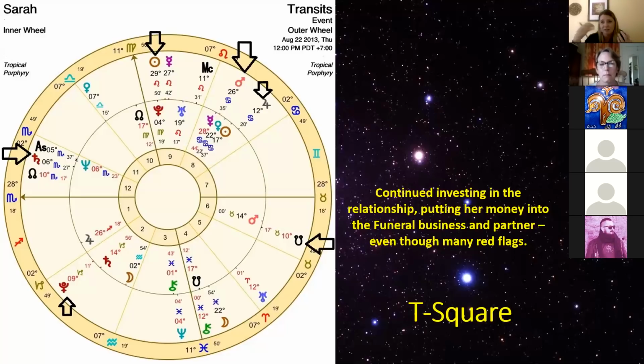So there's both things going on. So it's activating the T-square from that perspective as well. So it's just building the story, yeah, but you can't quite see everything yet.